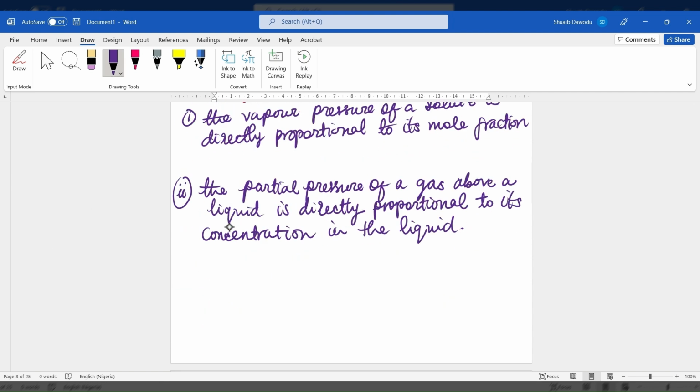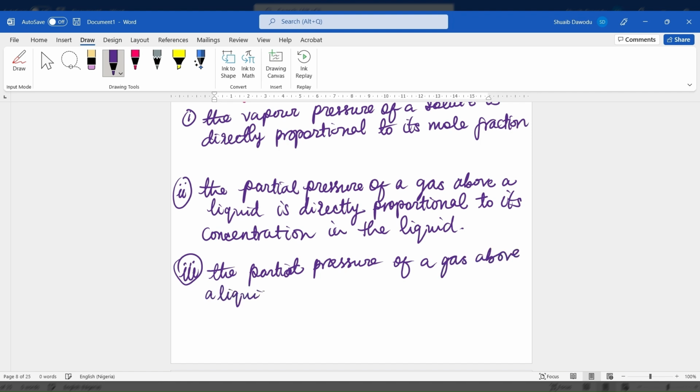Then the third one is simply: Henry's law states that the partial pressure of a gas above a liquid solution is directly proportional to the solubility of the gas.